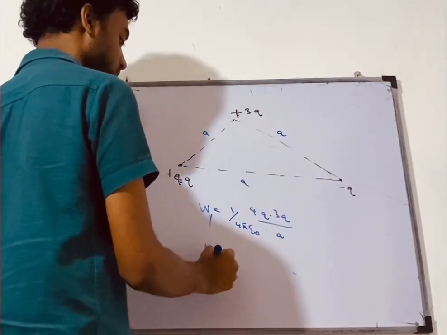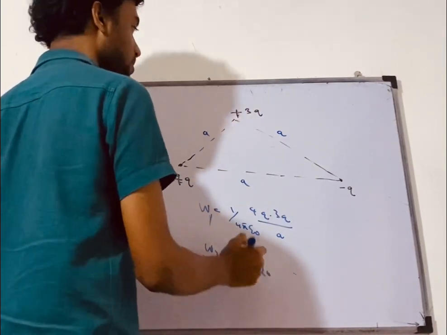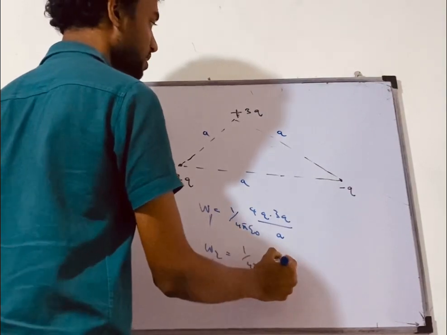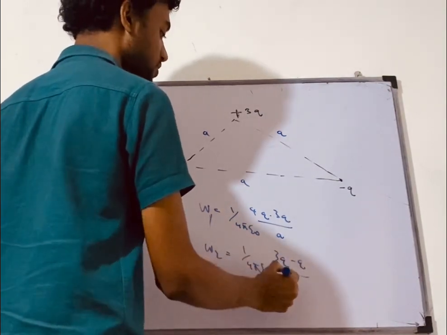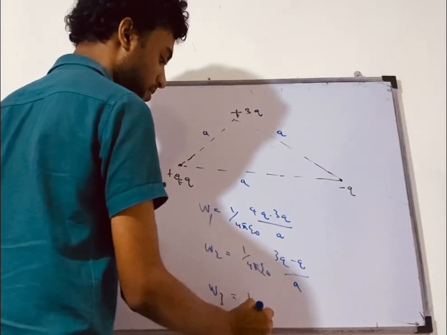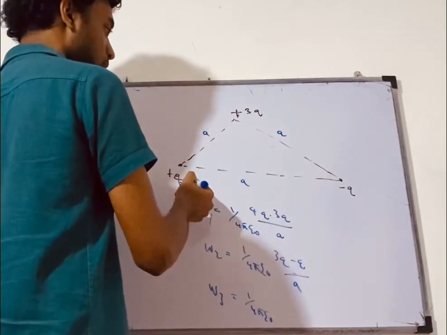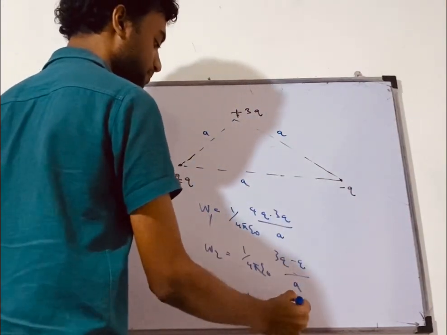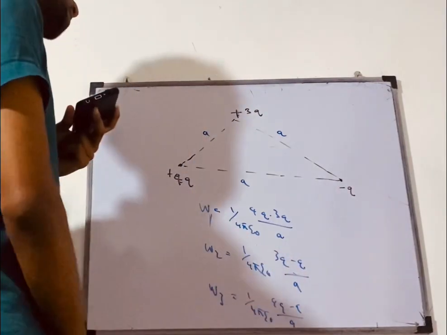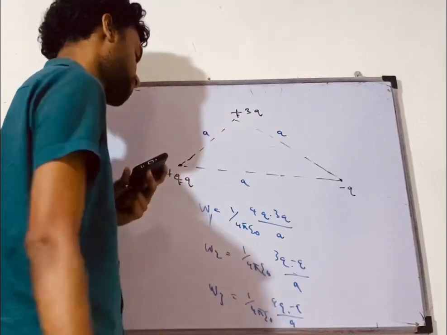What's W2 equal to? 1 over 4 pi epsilon naught times 3Q times minus Q, divided by A. What is W3 equal to? 1 over 4 pi epsilon naught times 4Q times minus Q divided by the distance between them, A. So you can easily simplify. This is a negative answer, this is also a negative answer.